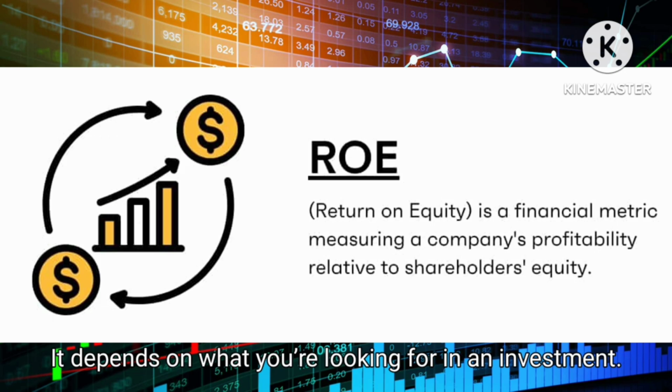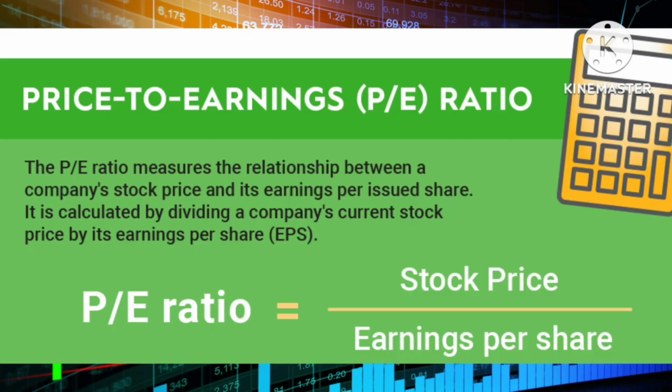Is a higher or lower P/E ratio better? It depends on what you're looking for in an investment. A price to earnings P/E ratio measures the relationship of a stock's price to earnings per share. A lower P/E ratio can indicate that a stock is undervalued and perhaps worth buying, but it could be low because the company isn't financially healthy.